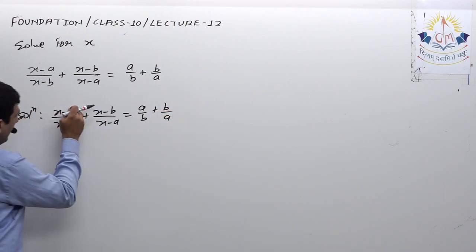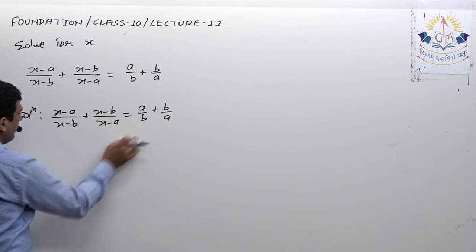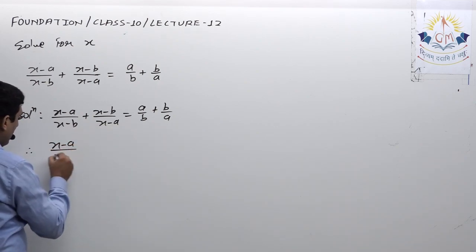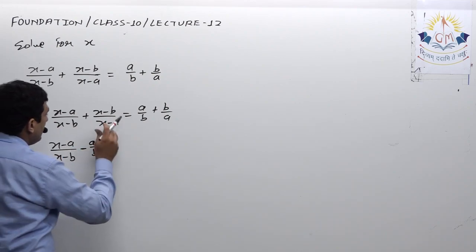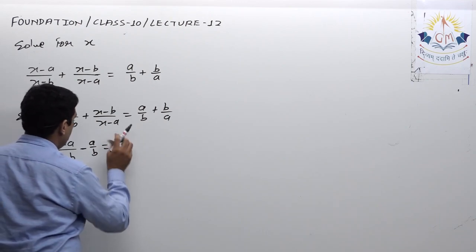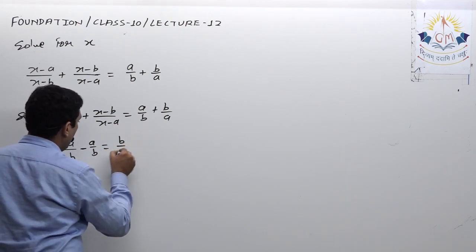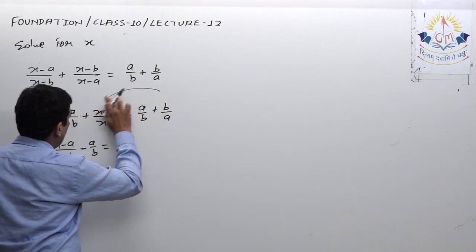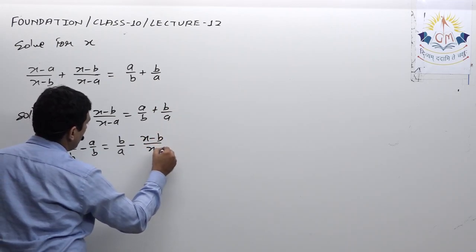Here a is the numerator and b the denominator, so I take this a upon b over here: x minus a upon x minus b minus a upon b, and this b upon a, I'll take this term on that side: minus x minus b upon x minus a.